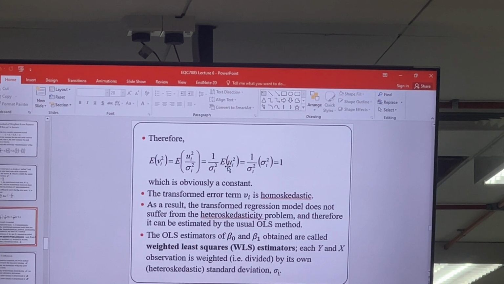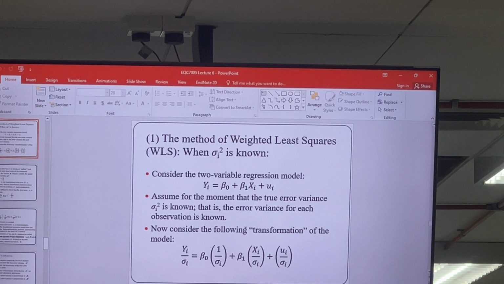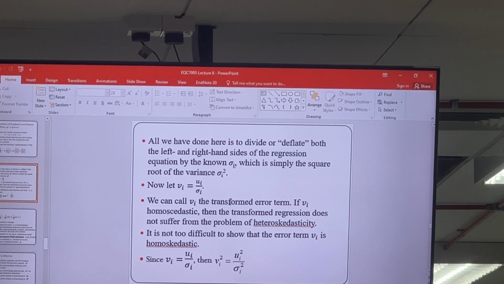We know that the error variance, the expected value of u i squared, is given by sigma i squared. So the variance is not constant, but is given by this.